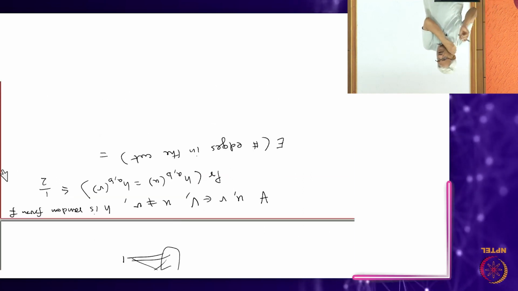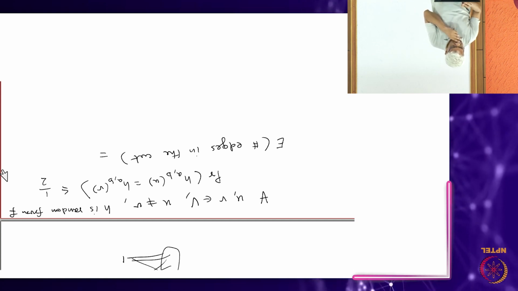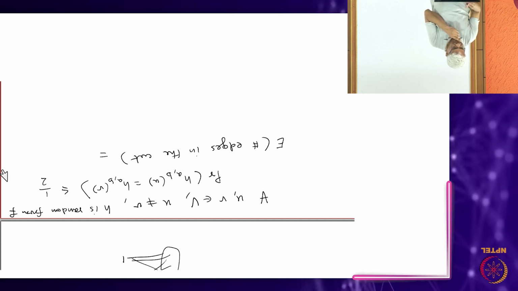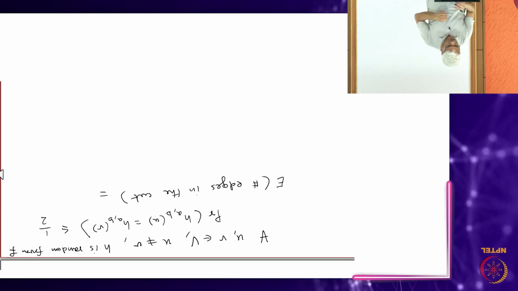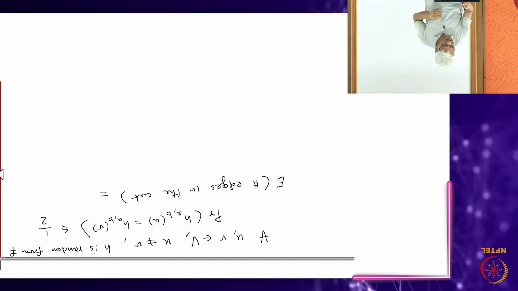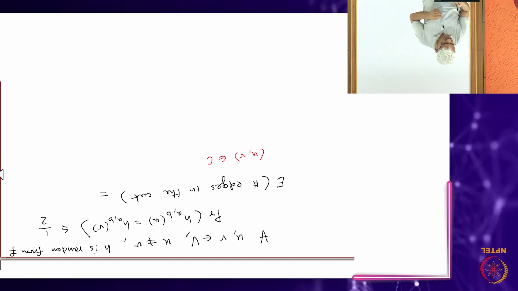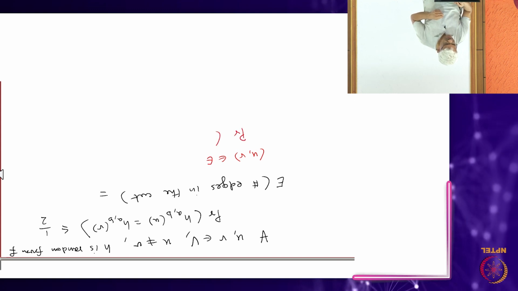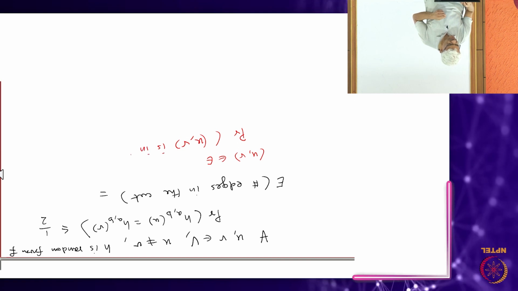Now it's the same argument. If you pick any edge, what is the probability? I want to compute this. Let's say UV is an edge. What is the probability that UV is in the cut?